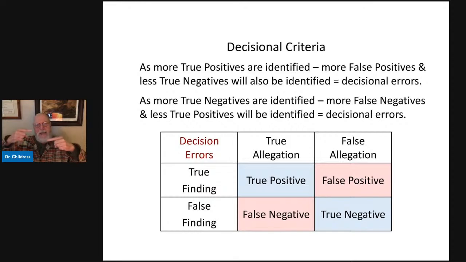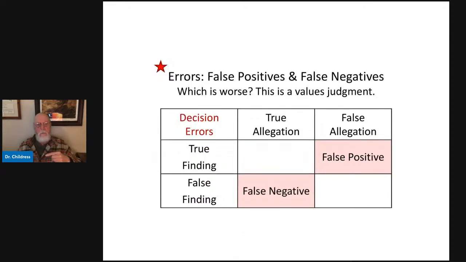So where we set our criteria for making a decision is going to influence how many true and false positives and how many errors of various sorts we make.